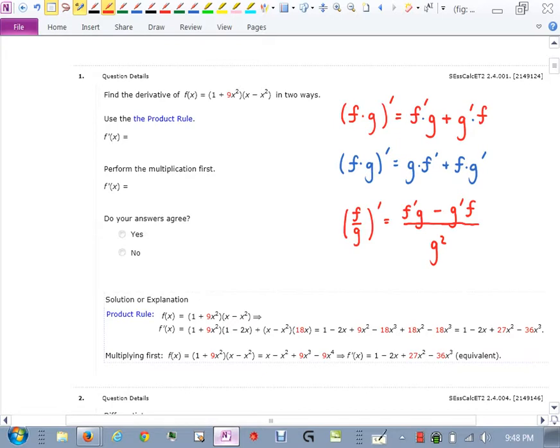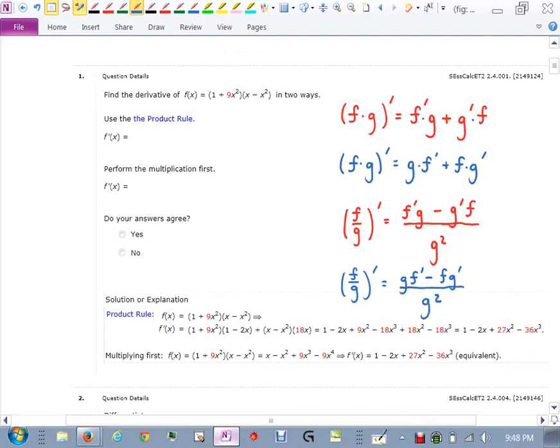What they use is g f prime minus f g prime all over g squared.